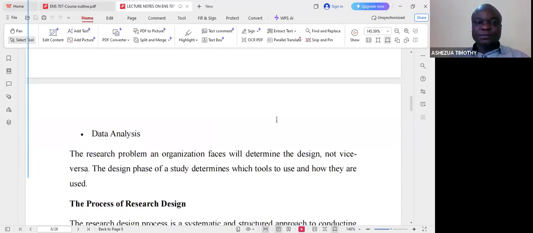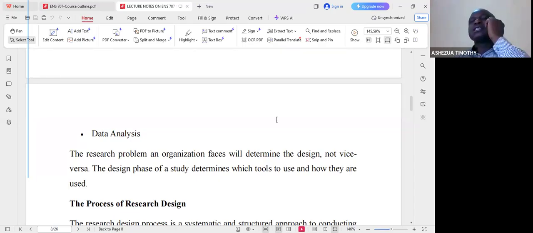So the research problem or organization determines the design. You don't just carry out research. You don't just design research. There must be an existing problem that will prompt you to design your research. So the design phase of a study determines which tools to use and how they are used.